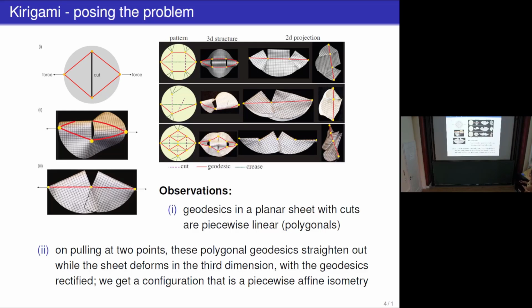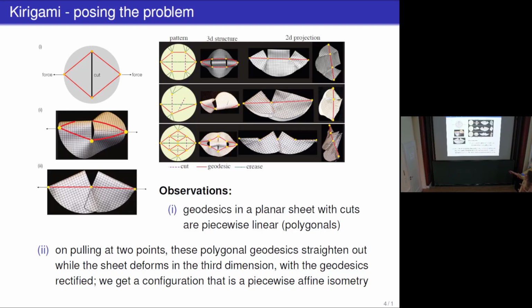But another observation they make is that you pull until you cannot pull anymore, and then all the geodesics are simultaneously rectified. You understand what I'm saying? In this picture here, you apply the force here, you apply the force here.